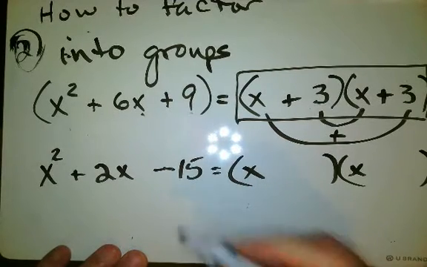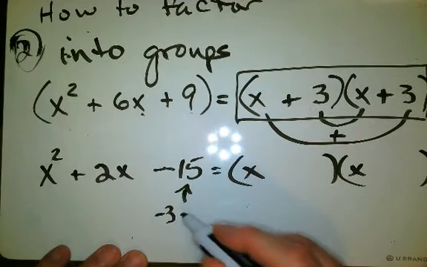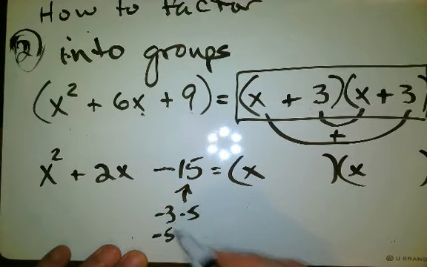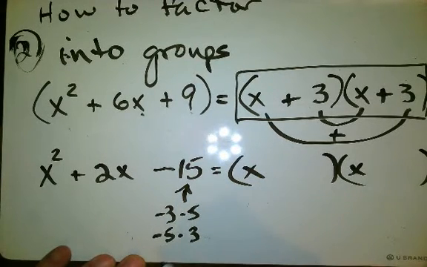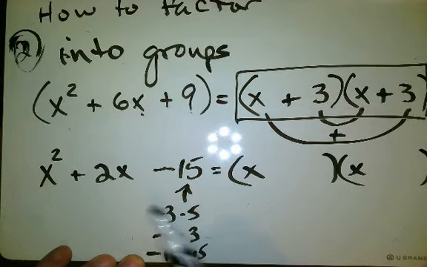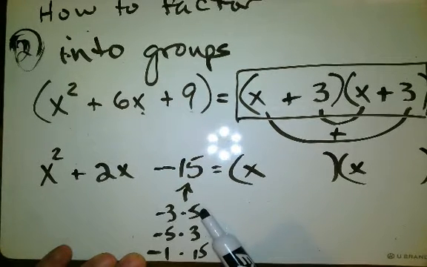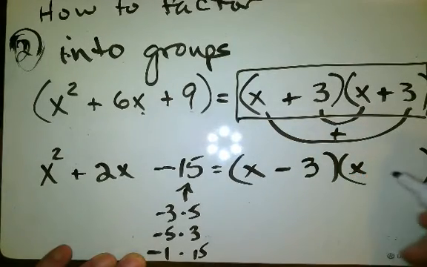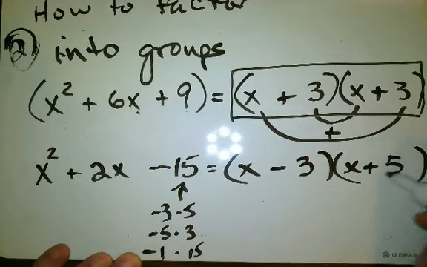Now, what multiplies to be the back could be negative 3 times 5, or negative 5 times 3, or 1 and 15, but we know that when I add those two together, it's not going to be 2. So all of these multiply to be negative 15, but only this one adds up to be positive 2. This guy adds up to be negative 2. This one's 14. So if I want positive 2, I have to have x minus 3 and x plus 5.